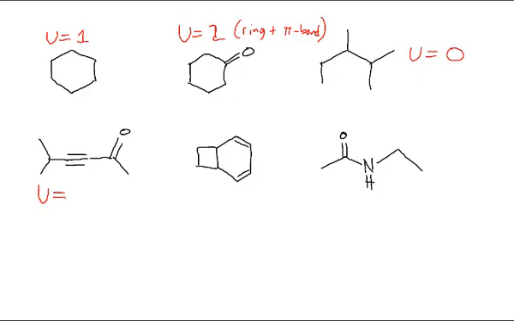This one here, 1, 2, 3, because there are 3 pi bonds. This one here, well, it's got 2 rings, plus it's got these 2 pi bonds.